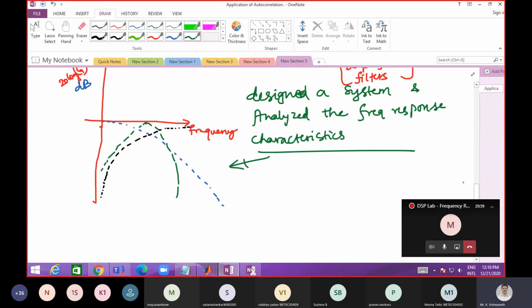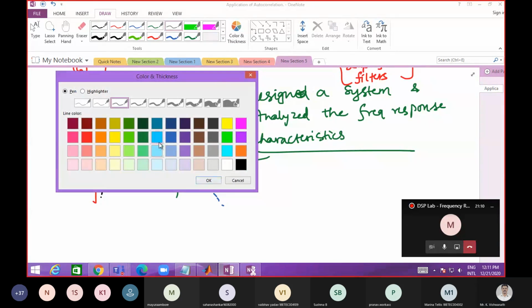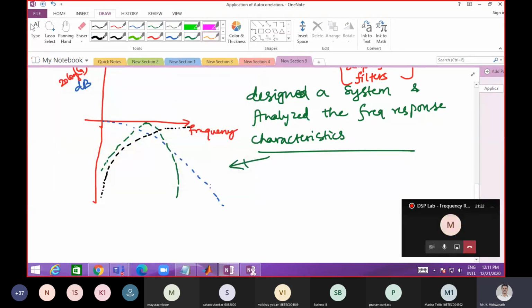Like this. Based on the shape of the curve, you can name them appropriately. You can call something a low pass filter, and you can call this a high pass filter, since it is passing high frequencies.